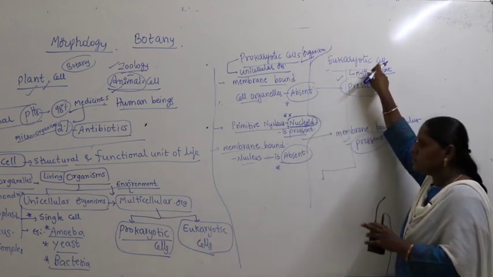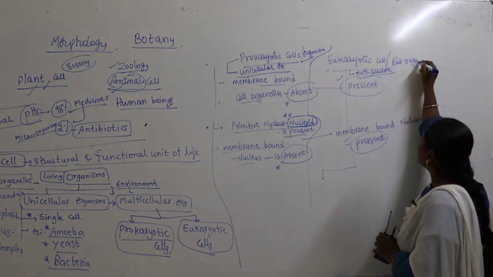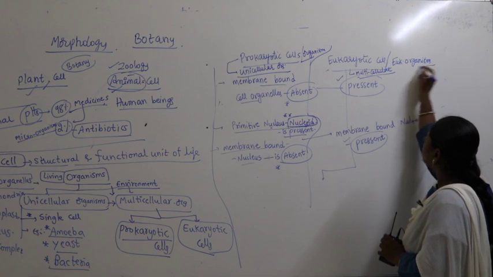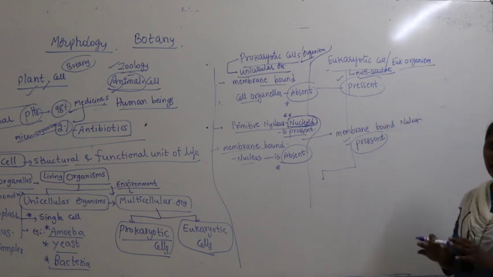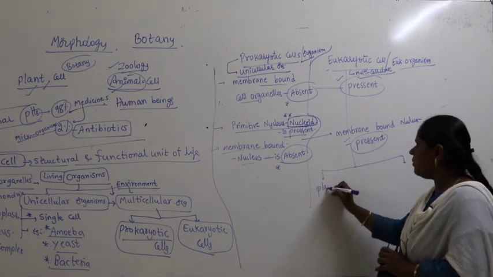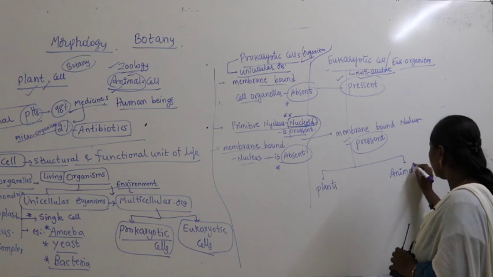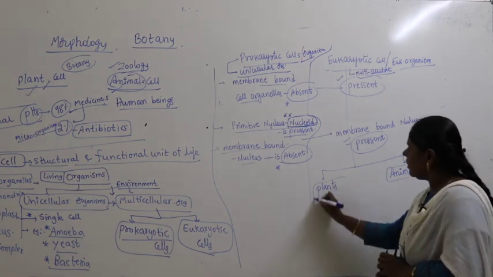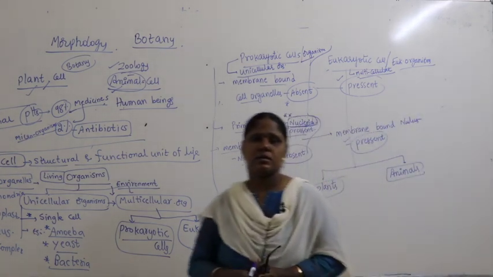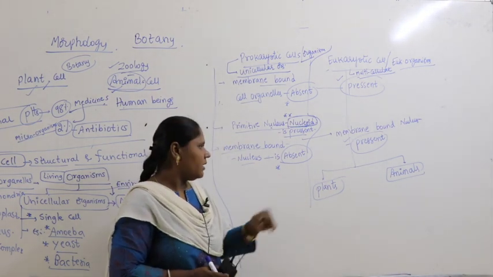These eukaryotic organisms are very clearly differentiated into two categories. What are they? Plants and animals.